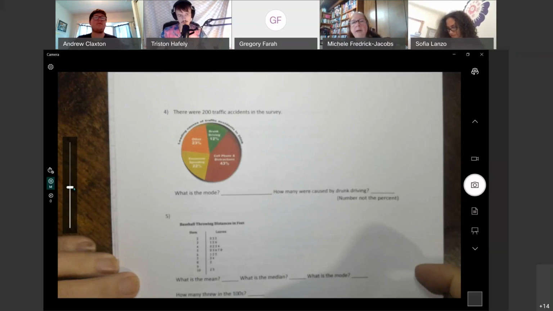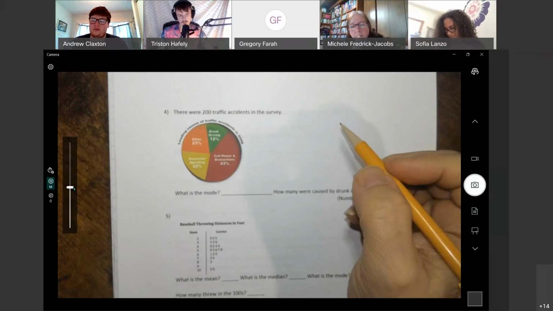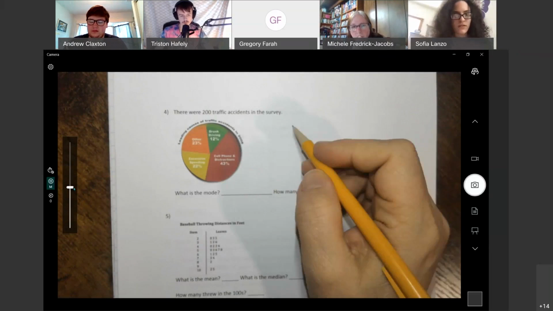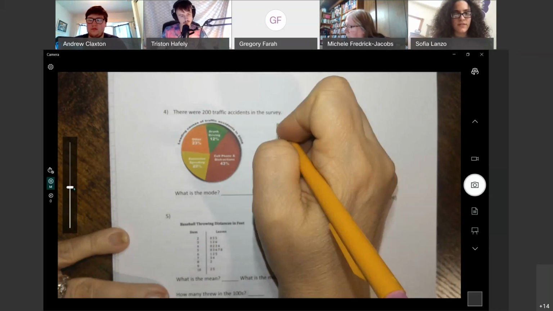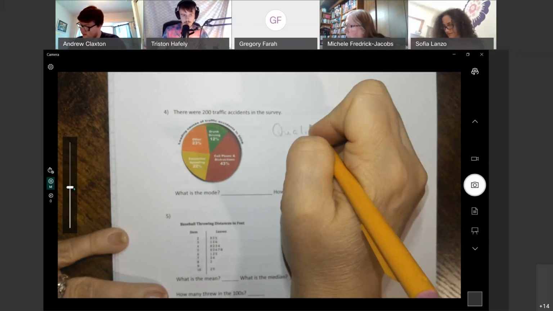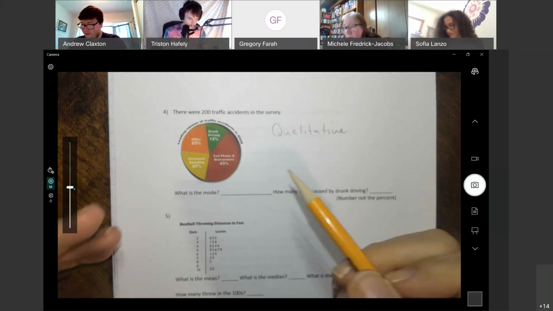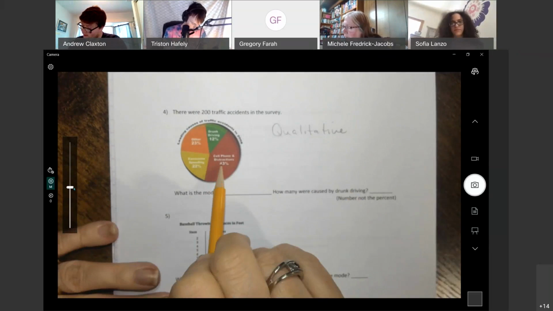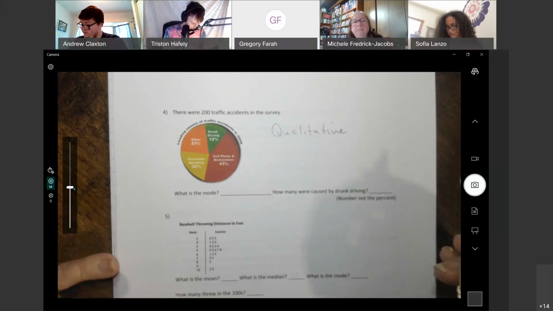If this one is a pie chart, would the data be qualitative or quantitative? Qualitative. Yep, because it's words, it's not numbers. Cell phone, drunk driving, other, excessive speed.